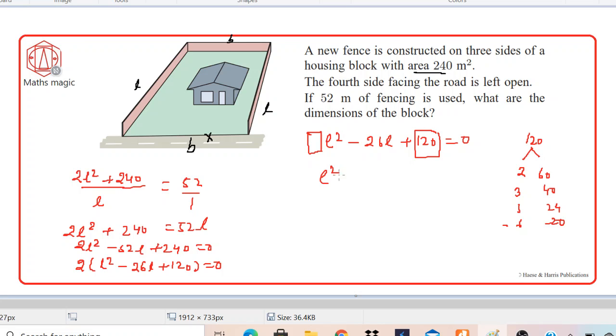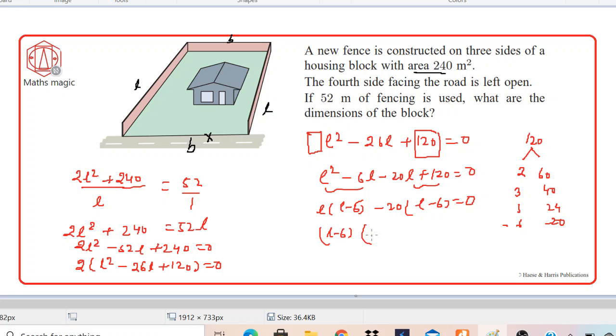So we can write L square minus 6L minus 20L plus 120 is equal to 0. Now you can pair them up. L minus 6 minus 20 is common, then again L minus 6 is equal to 0. So L minus 6 is common again, then you are left with L minus 20 is equal to 0.